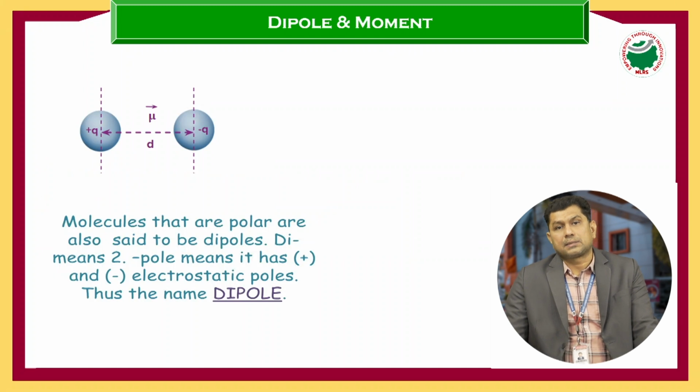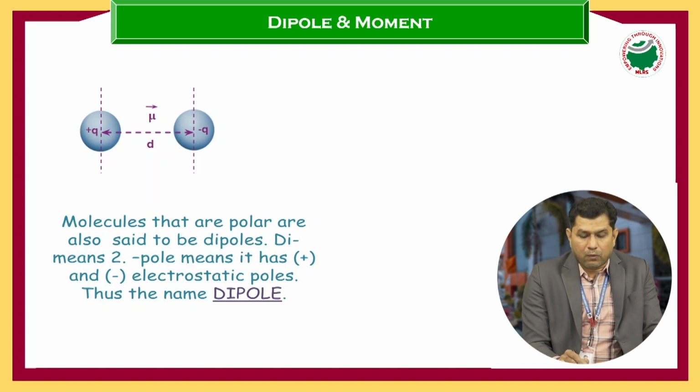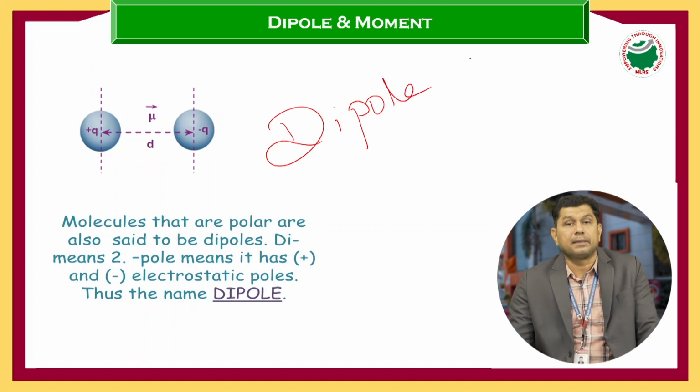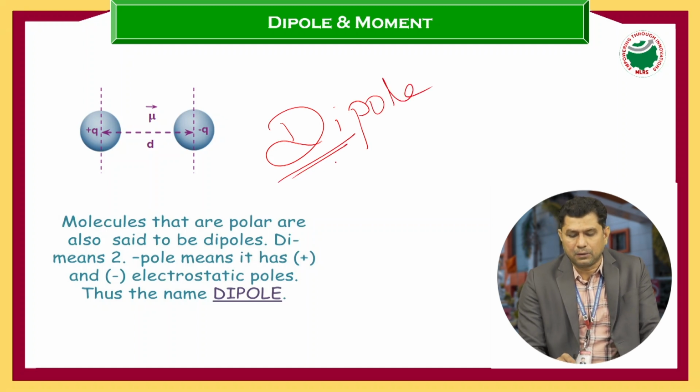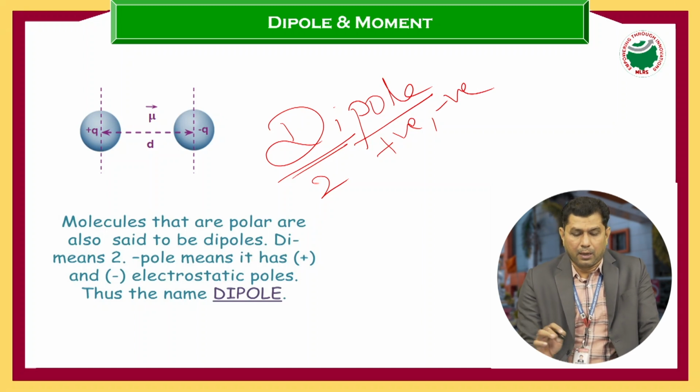Before discussing the dielectric topic, we will discuss some definitions. The basic definitions are needed to understand the properties of dielectric materials. What is a dipole? It is in the name itself. What is the meaning of di? Two. Pole means polarity, positive and negative. There are two types of polarities: positive polarity and negative polarity.